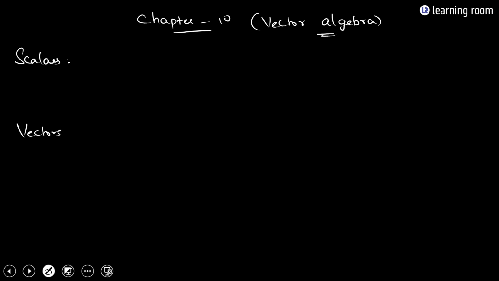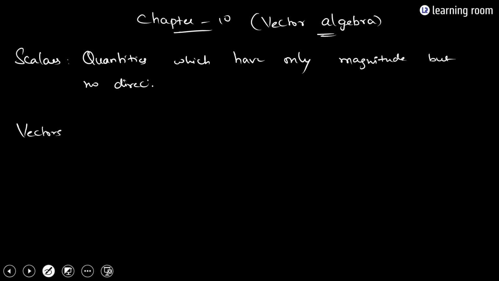So scalars are basically quantities which have only magnitude but no direction. So quantities which have only magnitude but no direction are called as scalars.